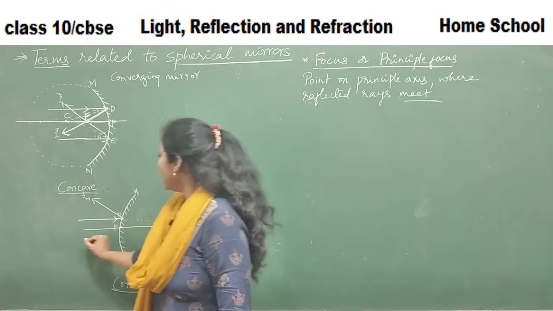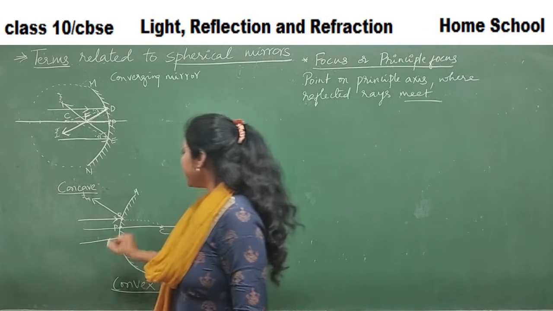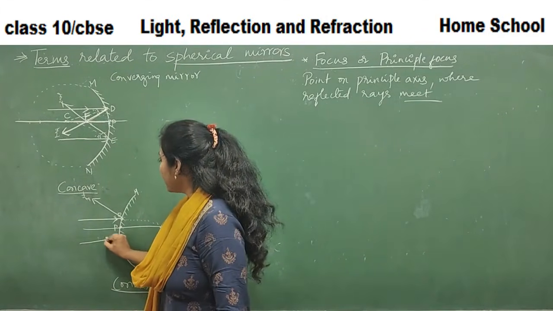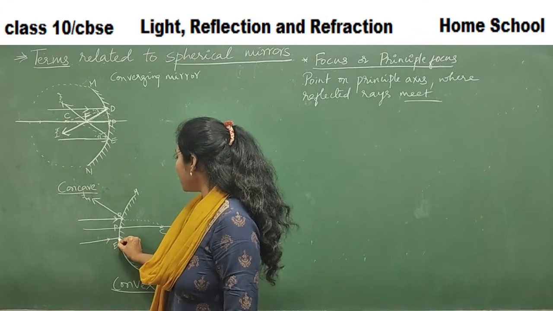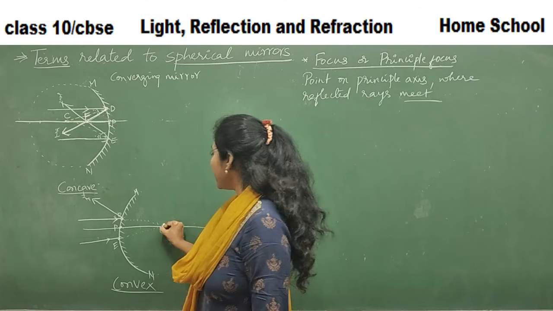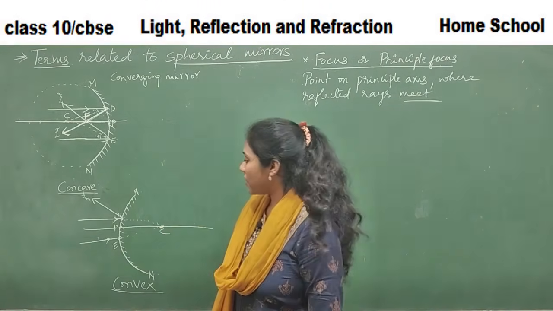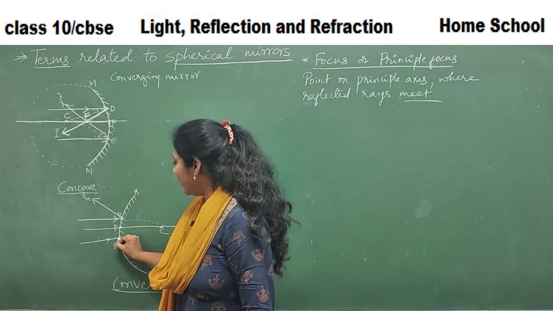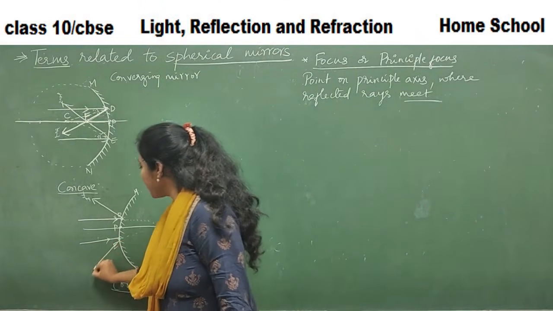Now let me draw another incident ray at a point E. For this, from this point, when you draw a line towards the center of curvature, this becomes the normal. Once the normal is there, it makes an angle, and the reflected ray goes something like this.